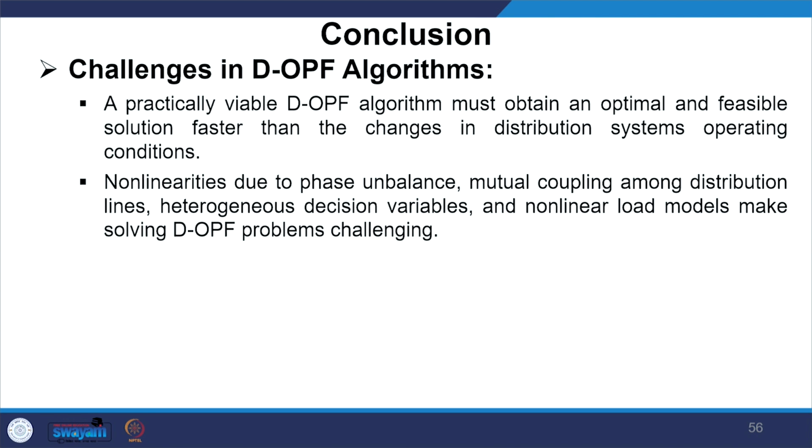That means you have to get this solution before the load dynamics change, and that is why optimal power flow becomes important. The load scenarios keep on changing, let's say every minute, every second, every 5 minutes. So, you have to have a quicker and optimal load flow algorithm to obtain the optimal power flow solution before the load dynamics change.